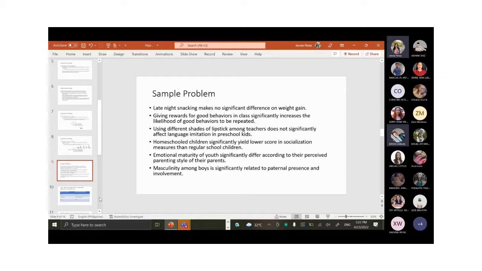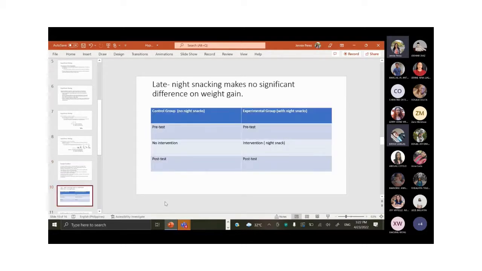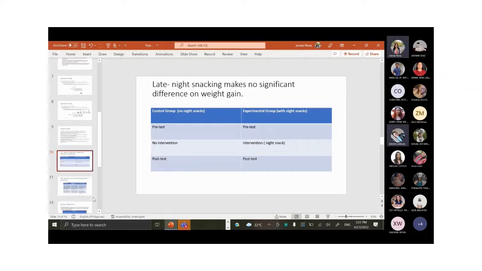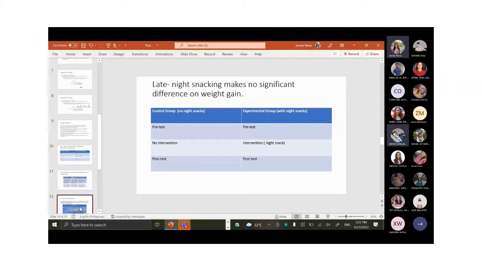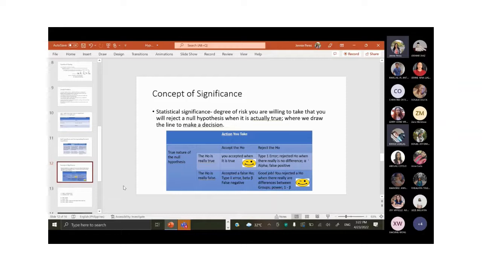Okay, now, as I said, our default hypothesis is the null hypothesis, because we can never prove an alternative hypothesis. We can only make action on the null hypothesis, whether we reject it or fail to reject it.